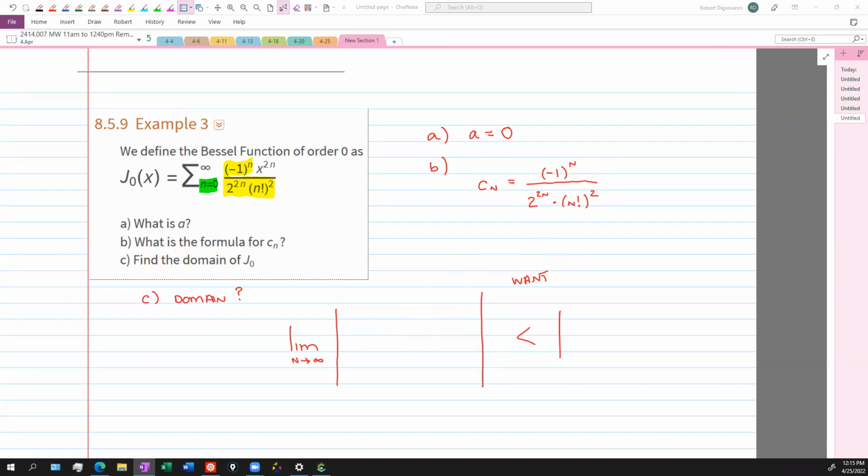By the way, anytime you have an alternating series like this, -1 to the n, when you put it in here, you can just cross them out. You don't even need to worry about them because the absolute value will always kill off the -1 to any power. So you may just do that right off the bat, not even include it.